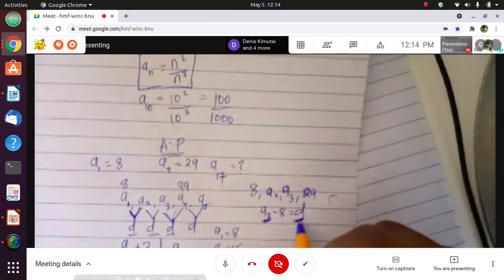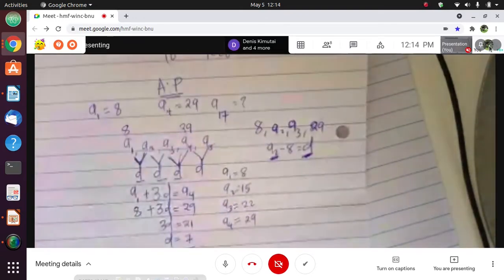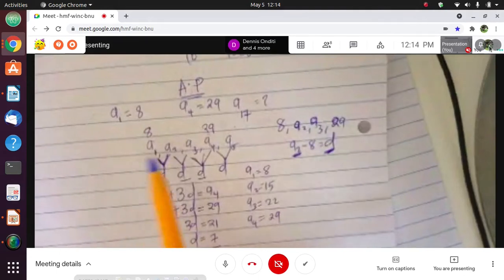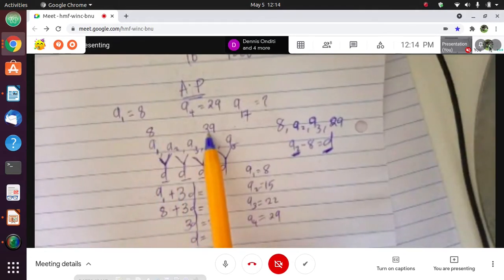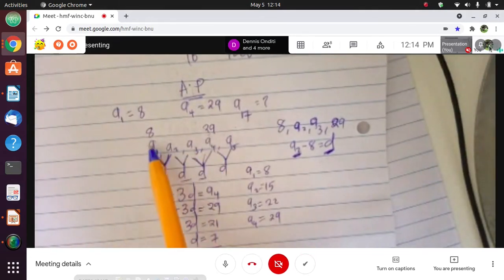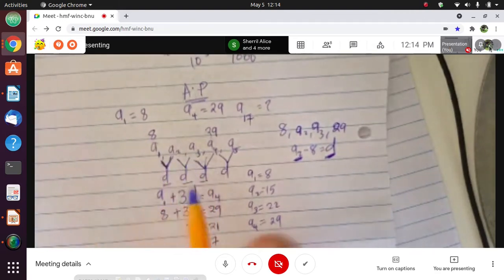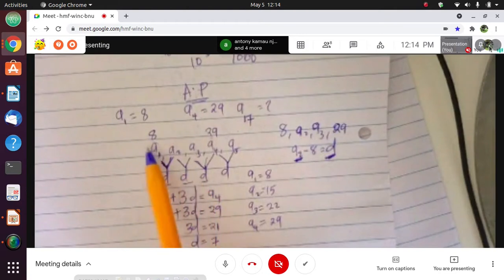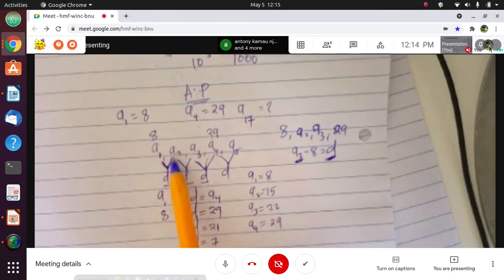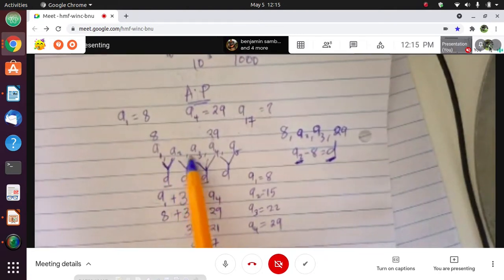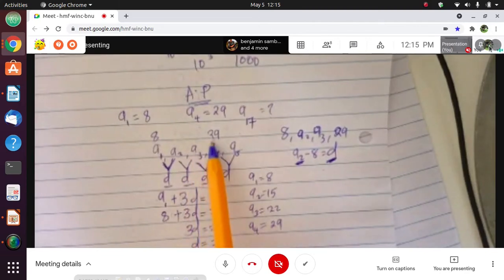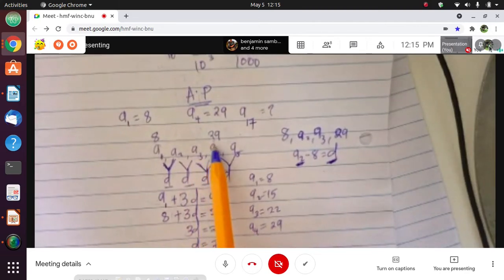But it is possible to find the common difference by, in this case, angalia hapa. A1 is 8, A4 is 29. So from the value of 8, we have added 3 common differences. So A1 plus D to give 8 plus D to give us A2, A2 plus D to give us A3, and A3 plus D to give us 29, which is the fourth term.